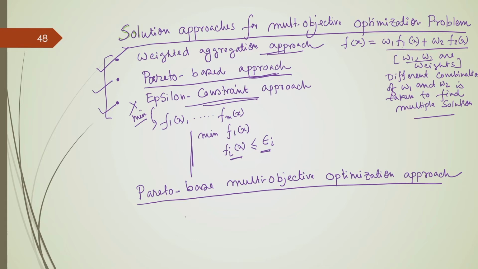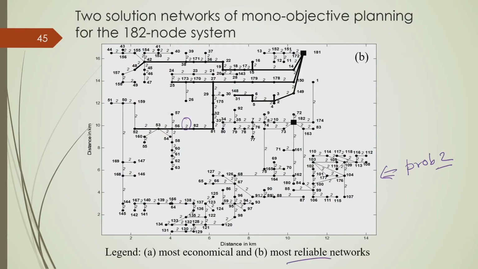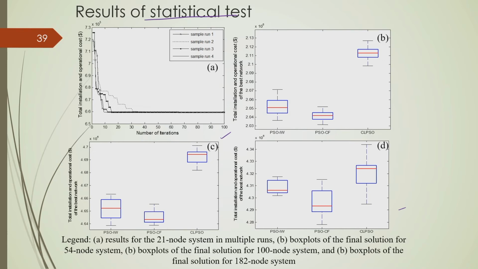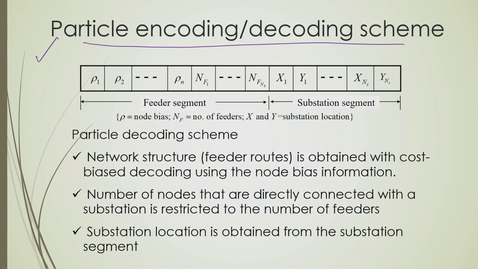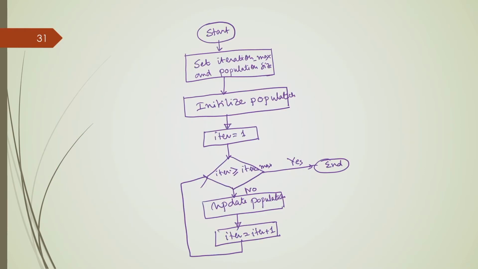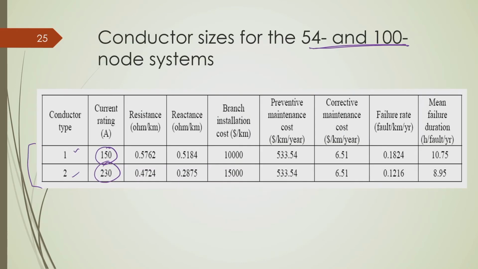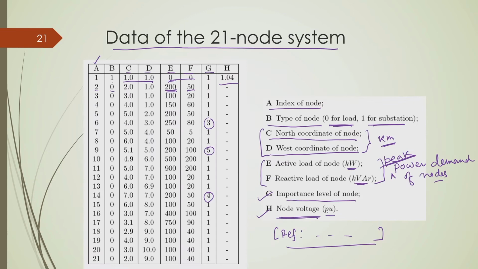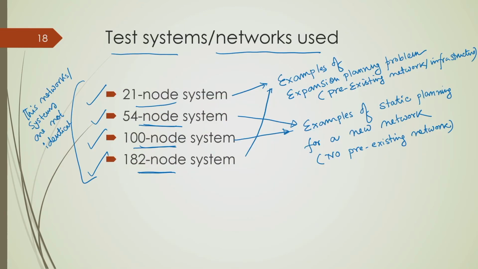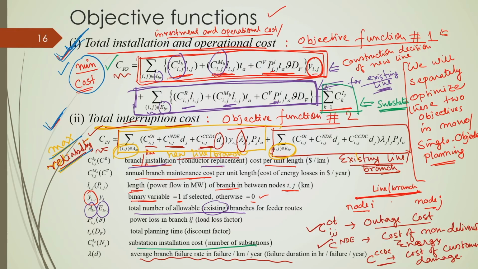Now, again we go back to the main problem, so that I can let you know what our optimization problem is all about. If you go back, you can see that we had two objective functions formulated.